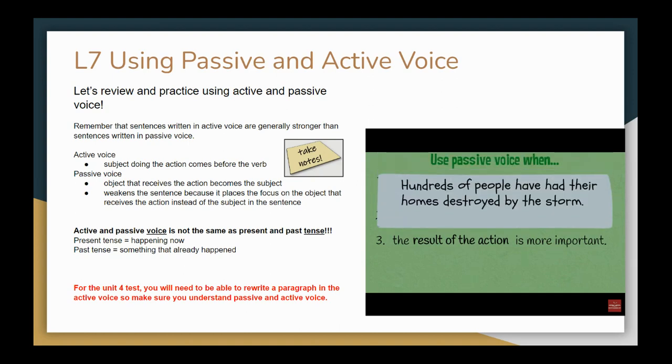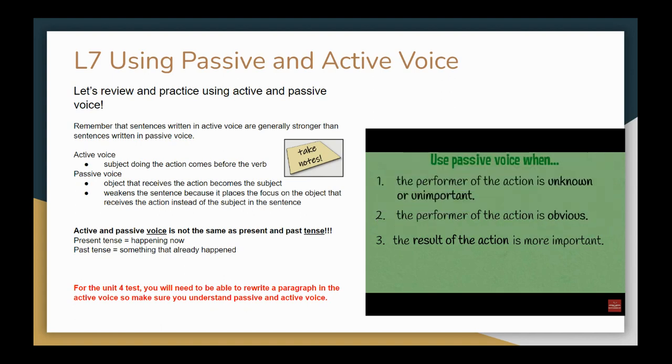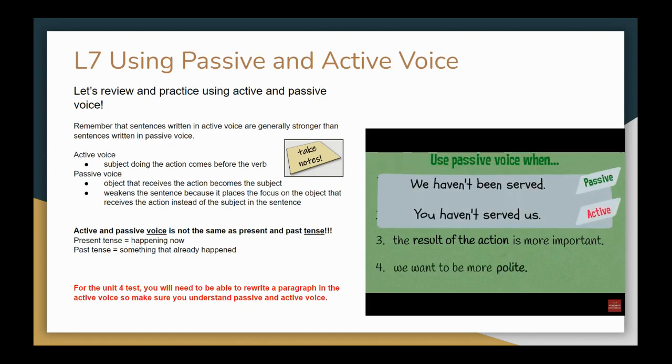An example. Hundreds of people have had their homes destroyed by the storm. Passive voice focuses on the result of the action. Passive voice can be used when we want to be more polite. As an example, we haven't been served is more polite than you haven't served us.